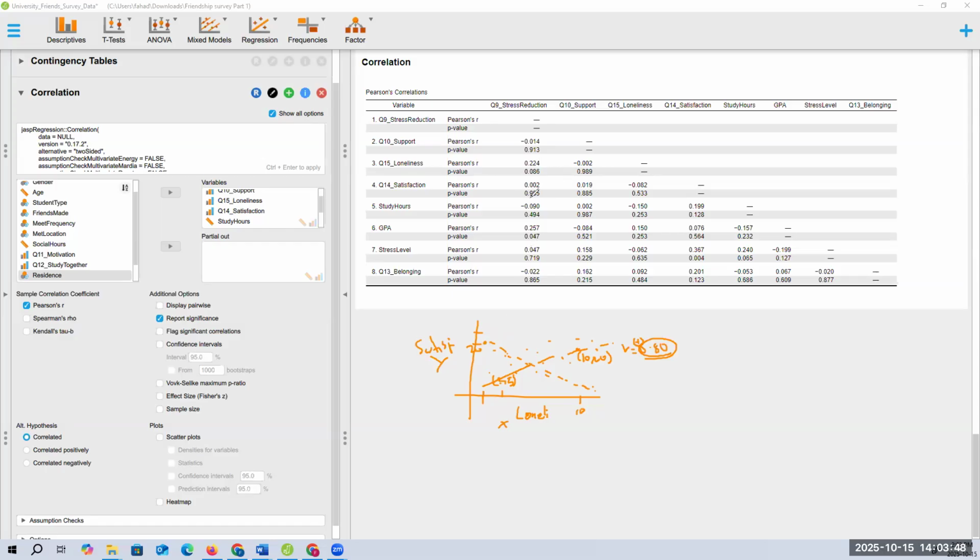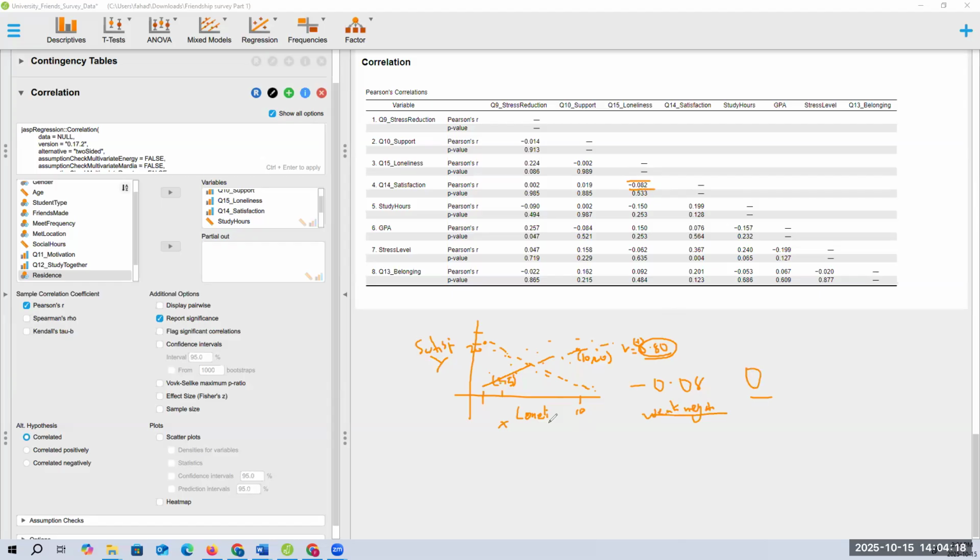So let's see what we have here. Satisfaction and loneliness. There seems to be a negative relationship. Well, it's a weak negative relationship, negative 0.08. But actually, if you have a 0, that means there is no relationship between the two variables.